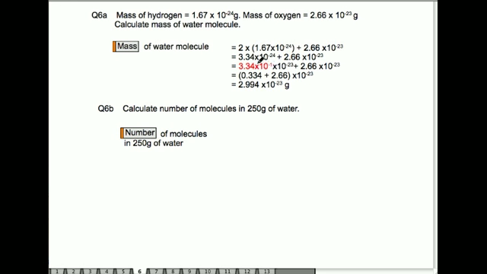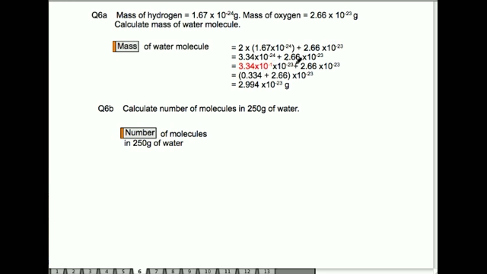Next, to add the 2 standard forms, we need to make a common power of 10. That is 10 to the power of minus 23. So we split the 10 to the power of minus 24 into 10 to the power of minus 1 and 10 to the power of minus 23. 3.34 times 10 to the power of minus 1 will be 0.334.